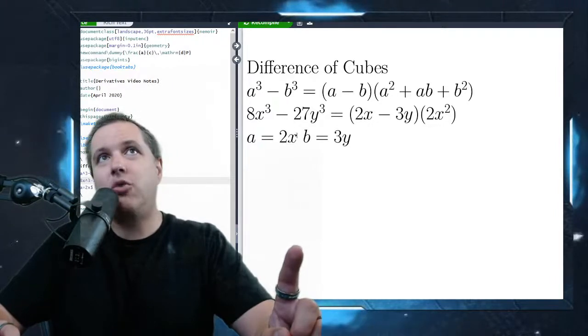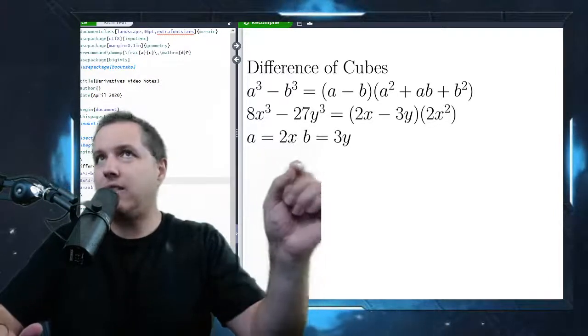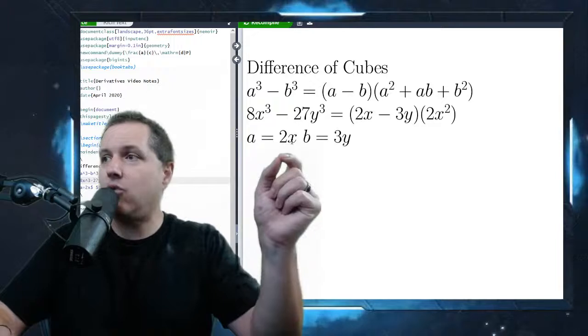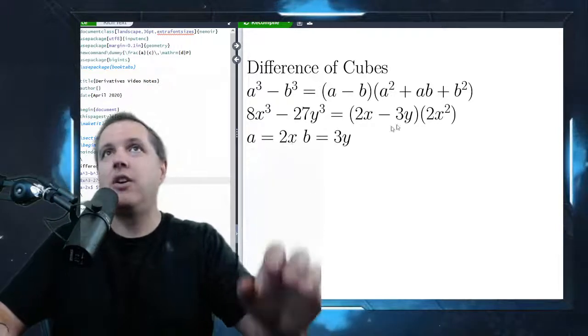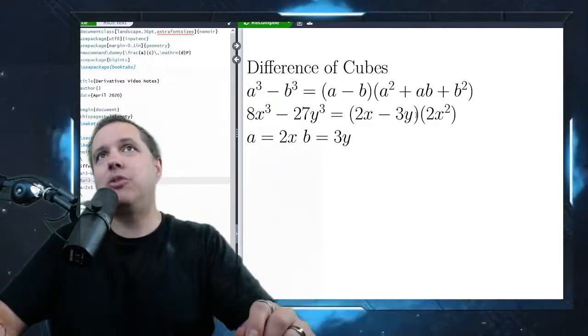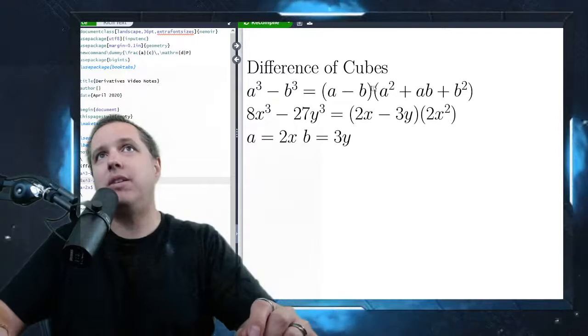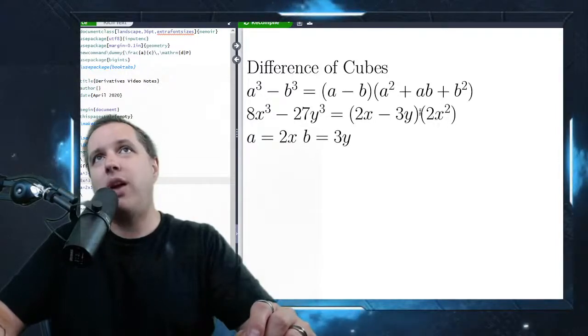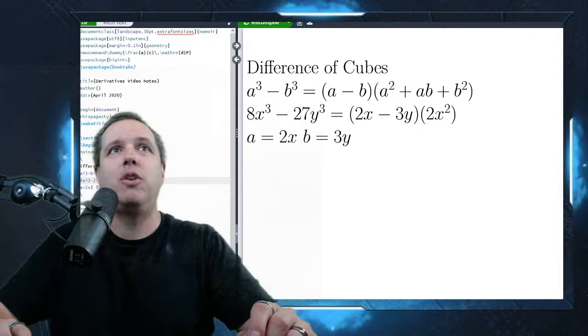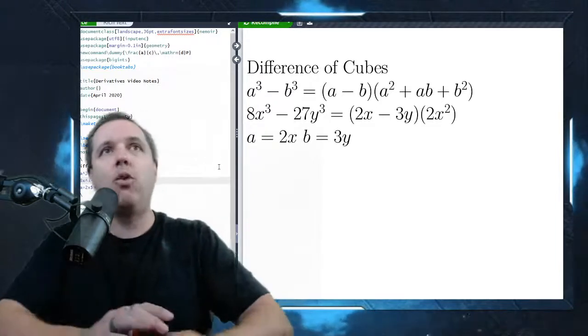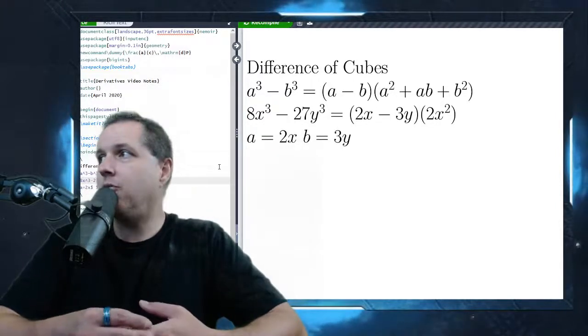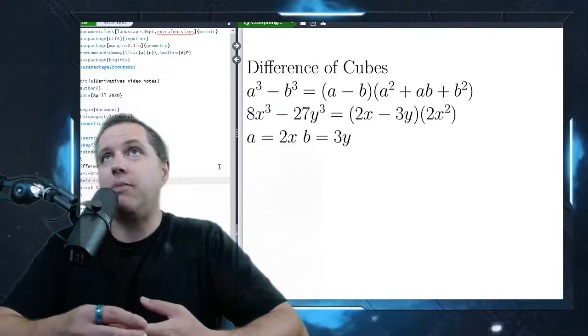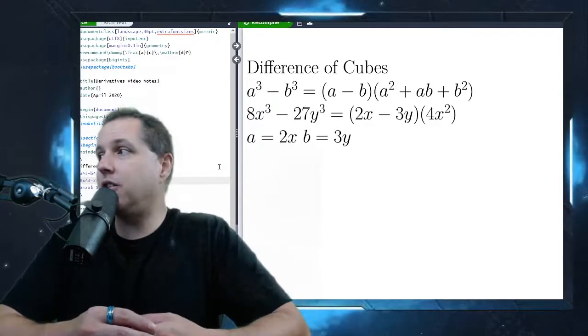We were supposed to square 2x. Well, 2x times 2x is 4x squared, not 2x squared. I would say 80% of the time when students miss problems, it's right here in this piece. So just remember when we square it, you have to square the number 2, making this a 4x squared. Hopefully that makes sense to you, because then that means that you probably won't make any mistakes on this problem.